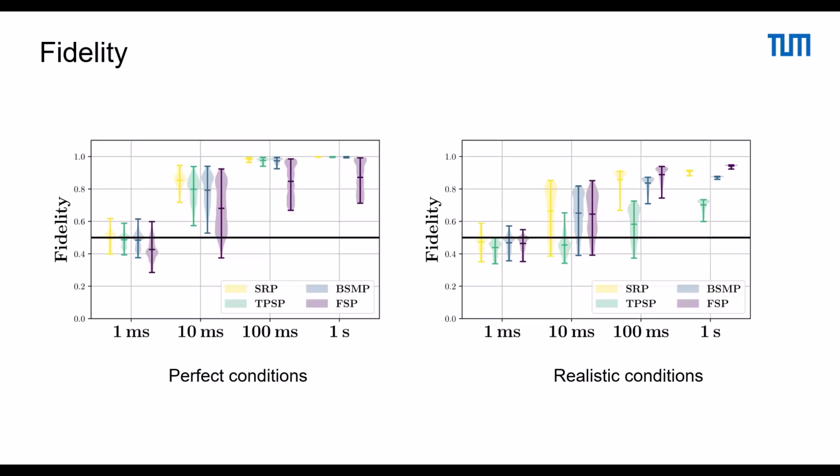Obviously, the longer our communication needs to be, the higher our dephasing time has to be. And this is shown quite nicely here. Again, the low values of the 2 photon source here are mainly due to the hardware parameters.